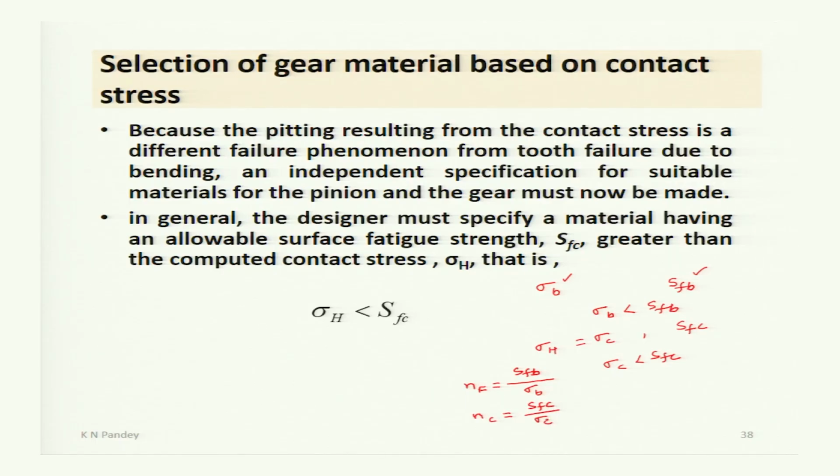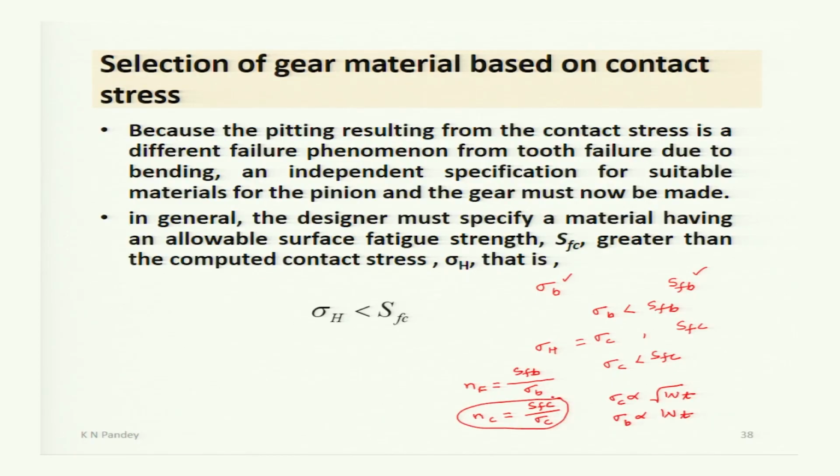Now, knowing that this sigma C has a non-linear relationship with WT, sigma C is proportional to the square root of WT and sigma B is proportional to only WT. So, again we will make a correction in it.